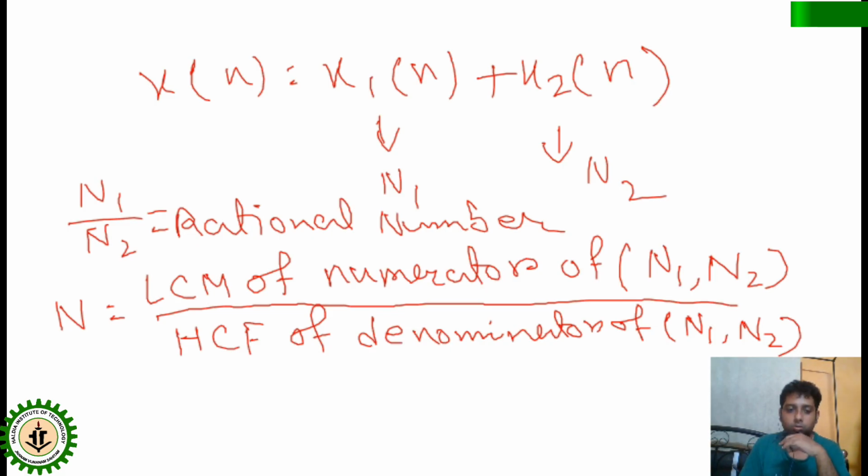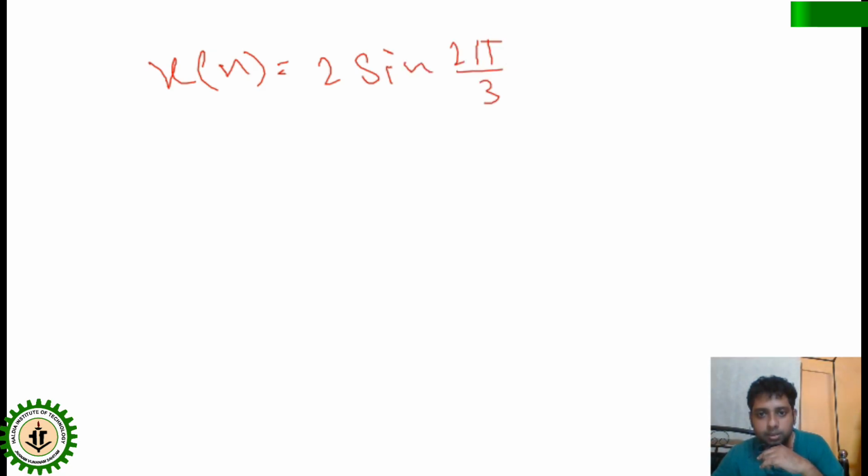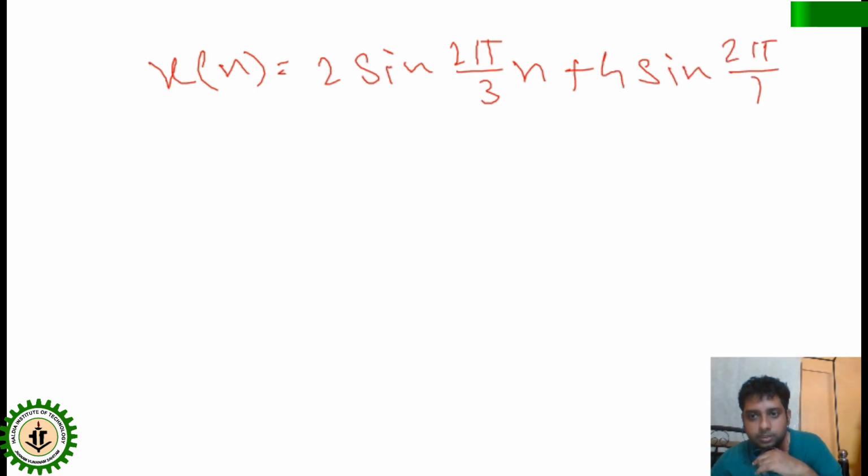Now we will consider one numerical to understand this. That is xn is equal to 2 sine 2 pi by 3n plus 4 sine 2 pi by 7n. Now check whether this signal is periodic or not, and if periodic, find the fundamental period of the overall signal.